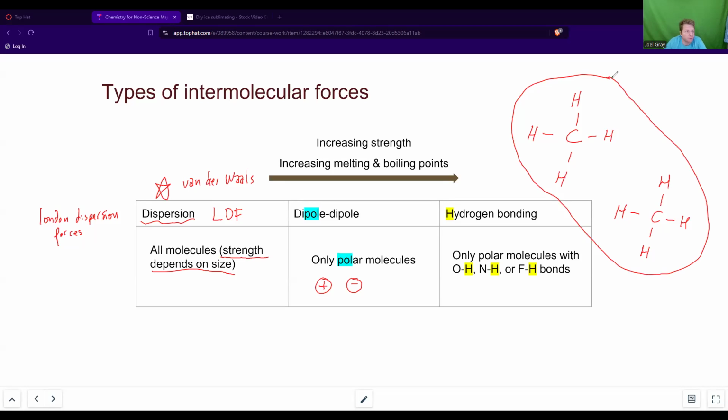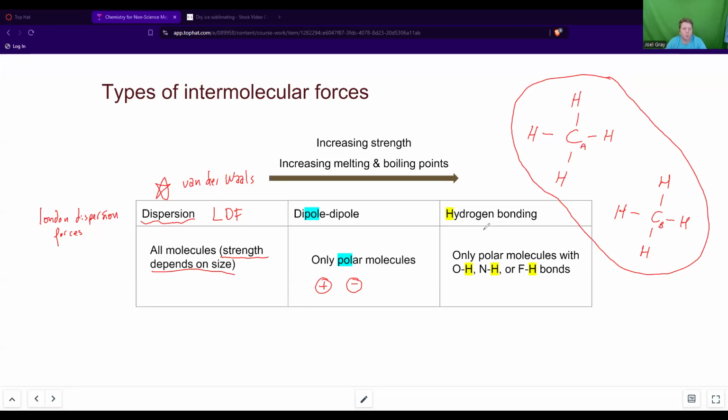There's a carbon and a hydrogen. Now, let's inventory the types of forces that attract these two molecules together. My first question is whether or not hydrogen bonding is going to attract these two molecules. I'm going to label them A and B.